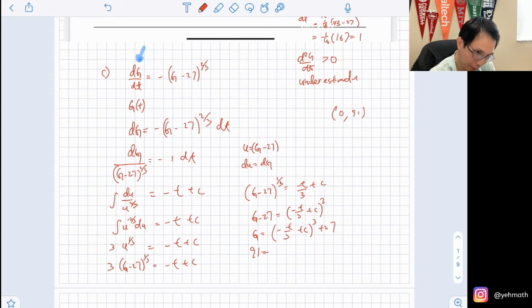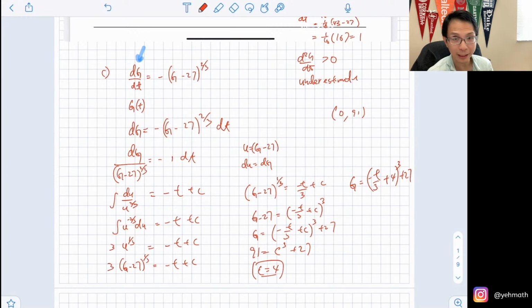I'm plugging 0 here, so it's going to be C to the third plus 27, right? So C is equal to 4. So I have a different C than the scoring guideline, but that doesn't mean I'm wrong. So g is equal to negative t over 3 plus 4 to the third plus 27.